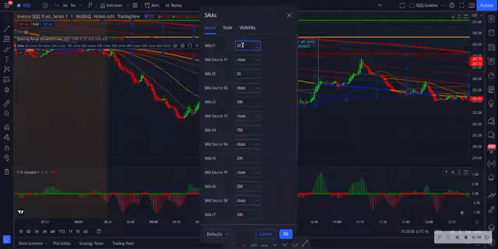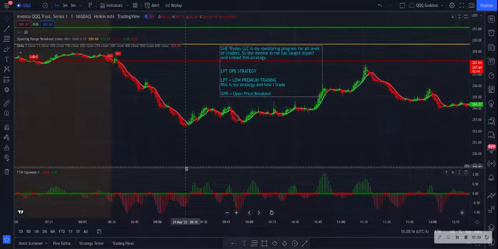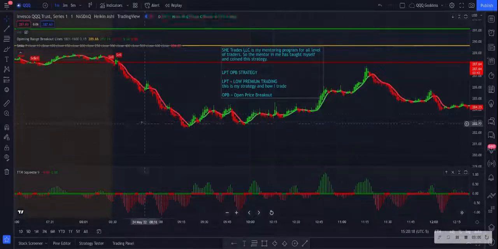Now, if you like a different number, if you like the 13, if you like the 8, if you like the 9, if you like the 21, by all means, use what you like. Once you uncheck all those, you should have one line or two if you decide to leave 2 on there and do the crossover method.